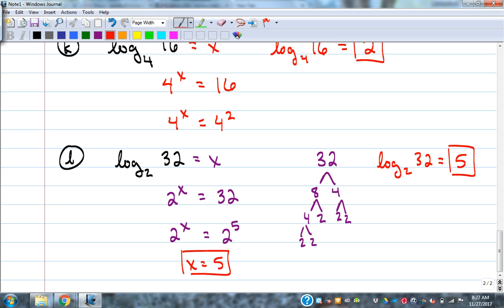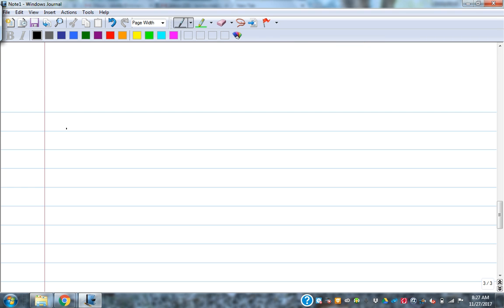It really doesn't get much tougher than this. Let's do one more without a calculator, then we'll do one with a calculator. I'll show you how to find log base 3 of 27, and let's evaluate that.